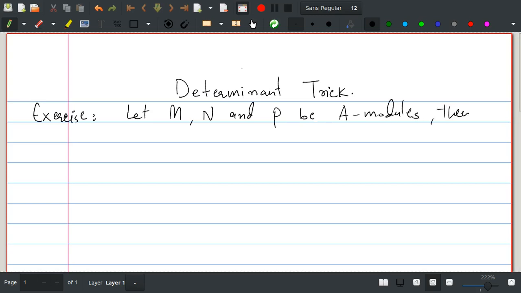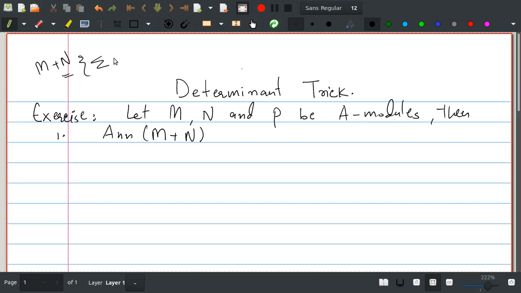Then we have the annihilator of the sum of these modules. This sum is actually a module which contains the elements of the form sigma m_i plus n_i, where i runs from 1 to n, where n is some natural number.